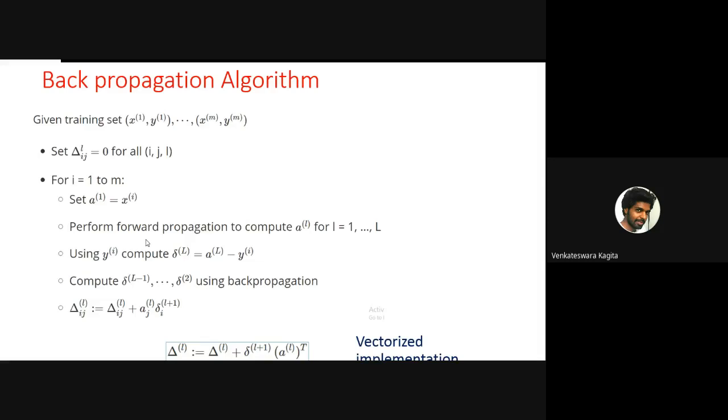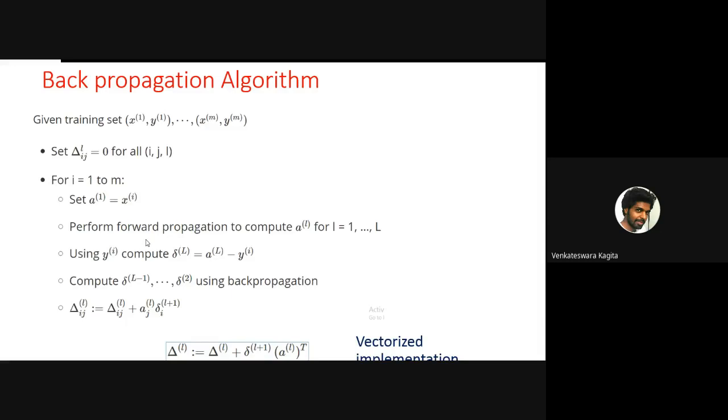I'll just repeat this because it may be a little confusing. So you are initially taking the input. Your layer 1 activation units are your actual input, so you are setting A1 to x_i. Okay, and then you are performing forward propagation to compute the activation units at the next layers, A2, A3, A4, and so on till the last layer.